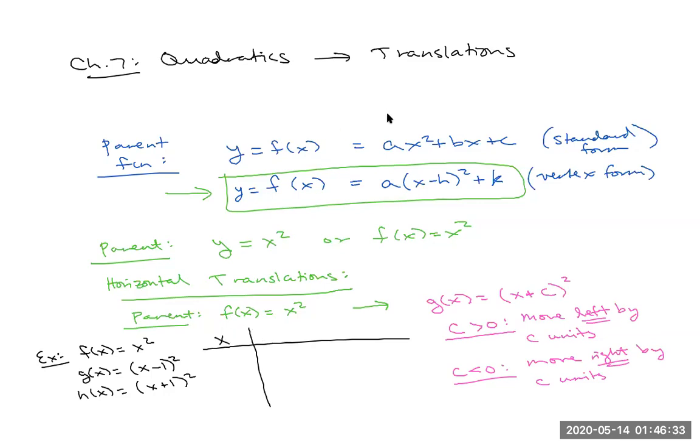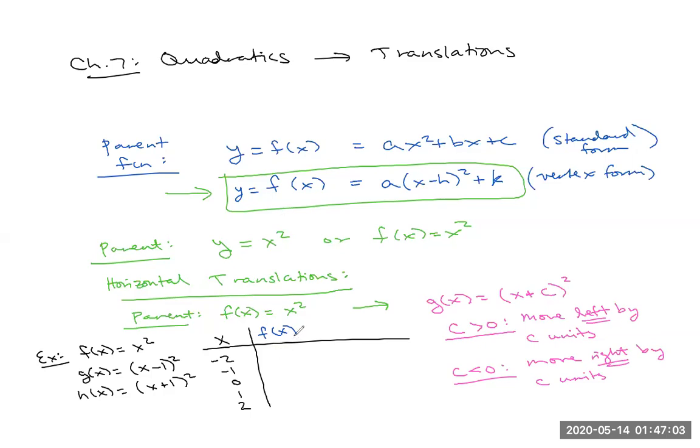So first, I'm just going to make a table for the parent. -2, -1, 0, 1, and 2. If I plug in, okay, then -2 minus 1 is -3, square that is 9.